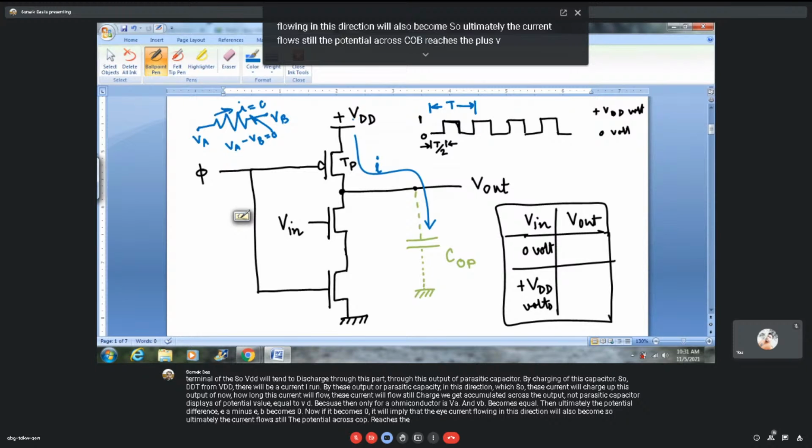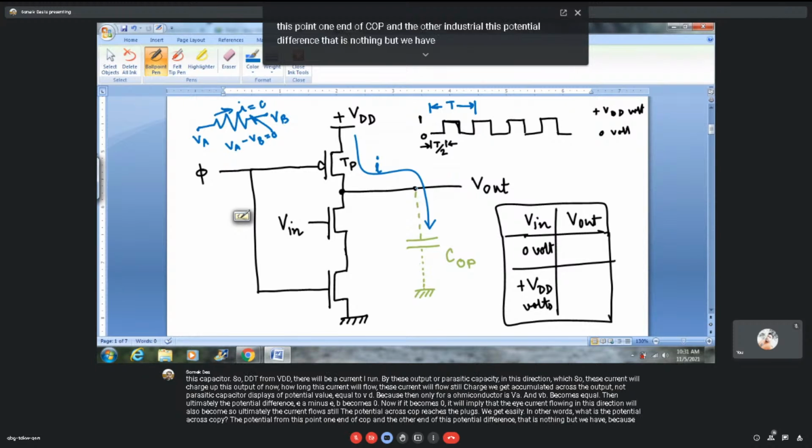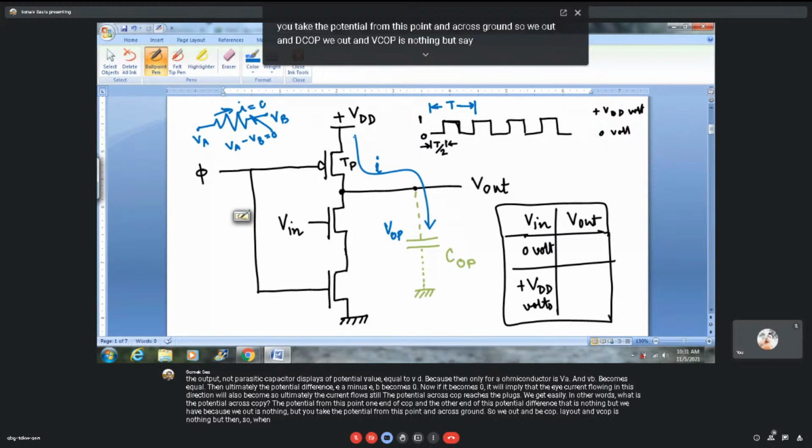In other words, what is the potential across COP? It is the potential difference between one end of COP and the other end of COP, which is nothing but Vout, because Vout is the potential taken from this point across ground. So Vout and VCOP are the same. When VCOP reaches plus VDD amount of potential, this charging current I will stop.